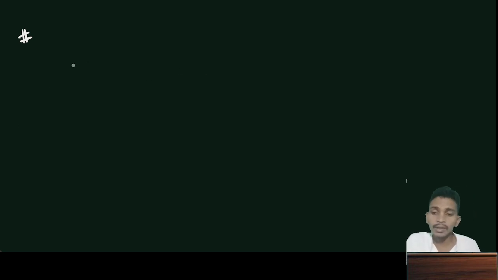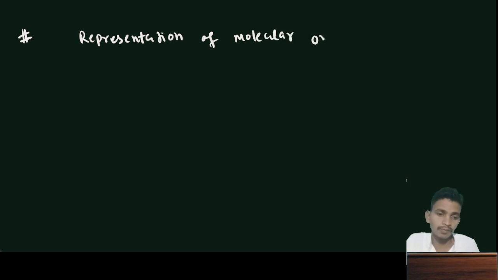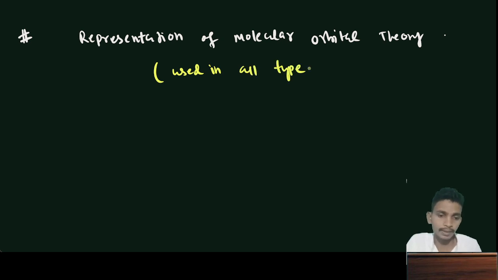So, representations of molecular orbital theory. This is the general concept that is used in all types of pericyclic reactions.